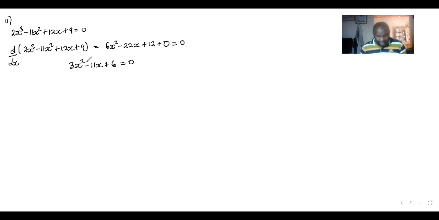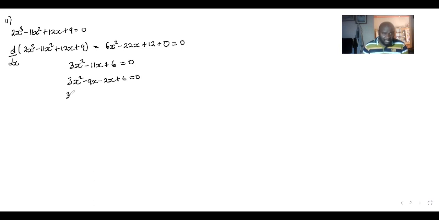Then we factorize. Two numbers multiplied, you get 18, added, you get negative 11. Those numbers are negative 9 and negative 2. So 3x squared minus 9x minus 2x plus 6 is 0.